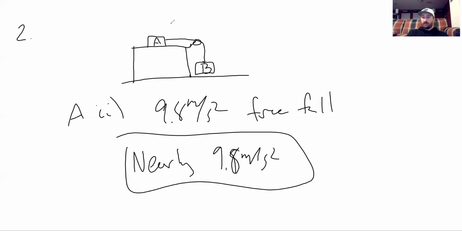It's going to be nearly in free fall because the force resisting it is just barely anything. So it's basically the exact opposite of part I. Okay, make sense? All right, good, clear.